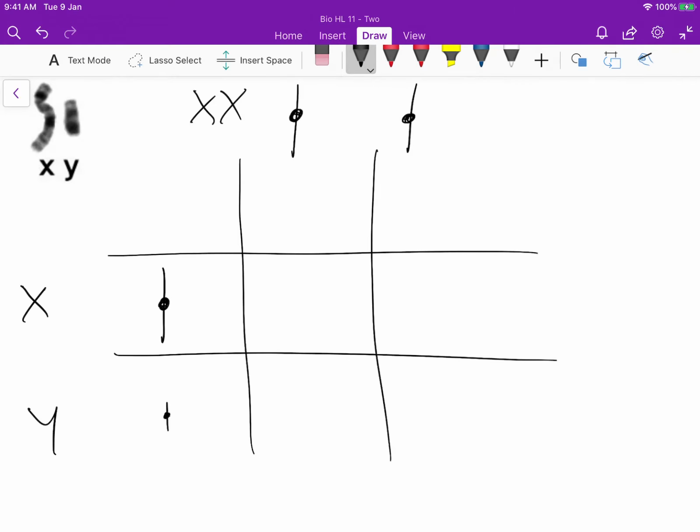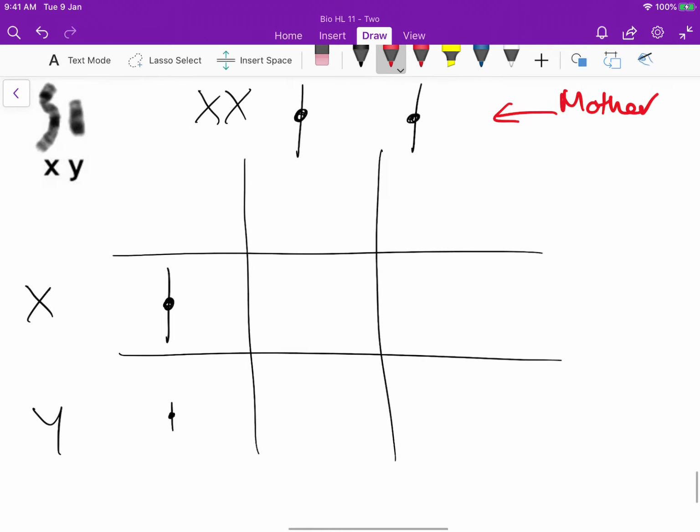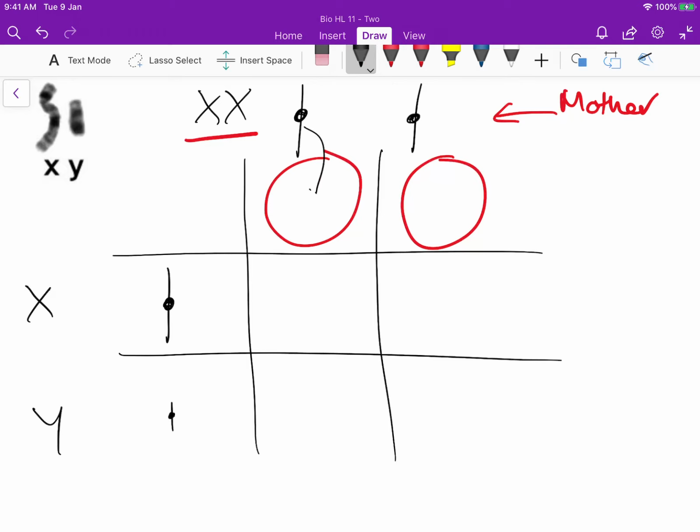In terms of the chances of you being male or female, at the top, we have the mother who can make sex cells, which have half the copies of all chromosomes, and that includes one copy of the sex chromosomes. If you're a female, you have two of the long X chromosomes. That means that if you make an egg cell, the only thing you can put into that egg cell is the long X chromosome.